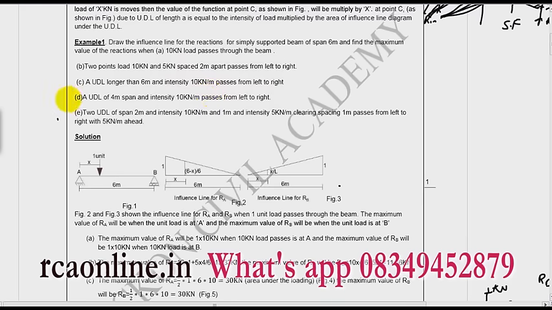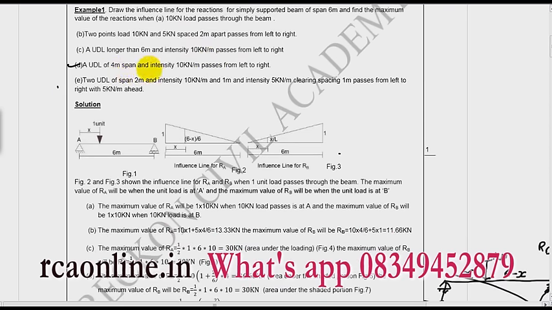Now let us take this problem. A UDL of 4 meter span and intensity 10 kilonewton per meter passes from left to right. So in this, what is happening? The UDL is smaller than the span. The UDL is of 4 and the span is 6. So what will happen? For finding RA, what I have to do?